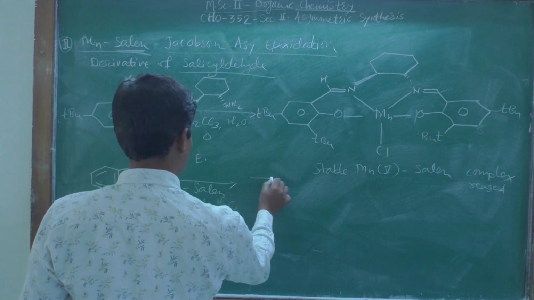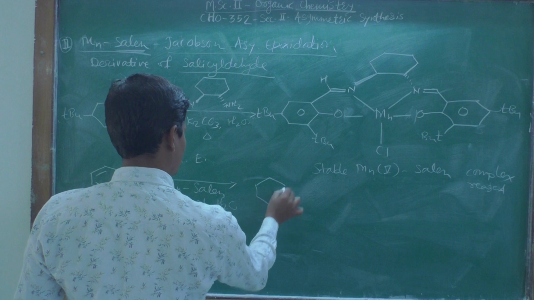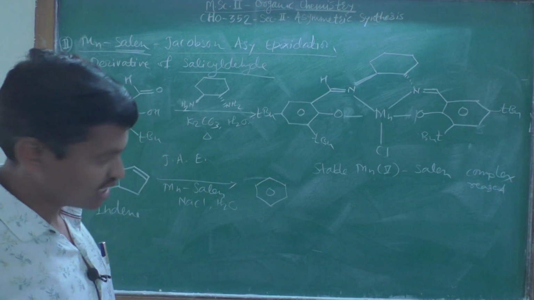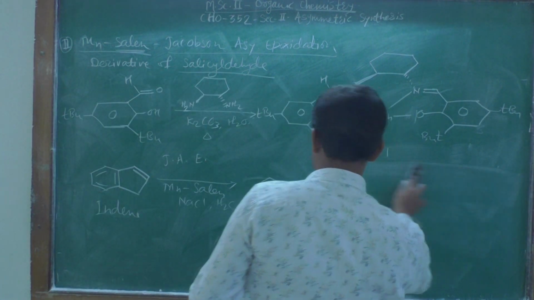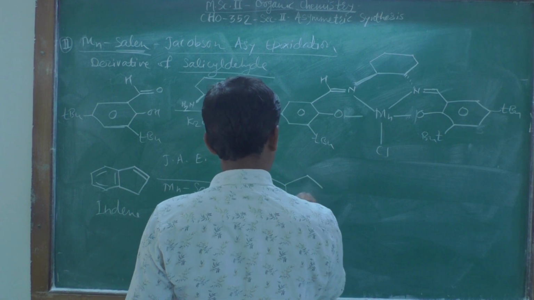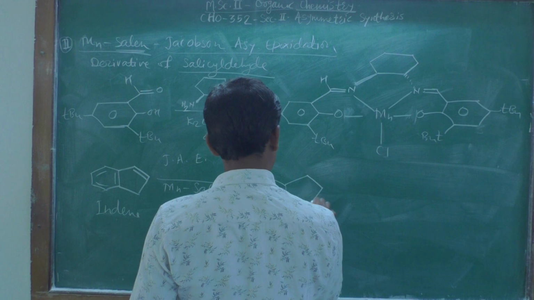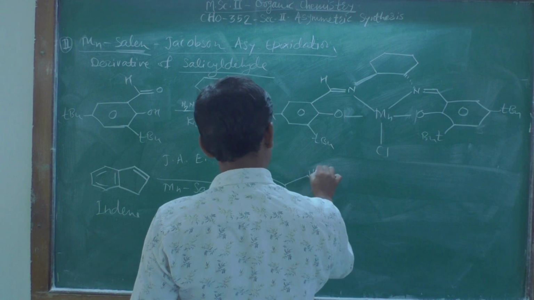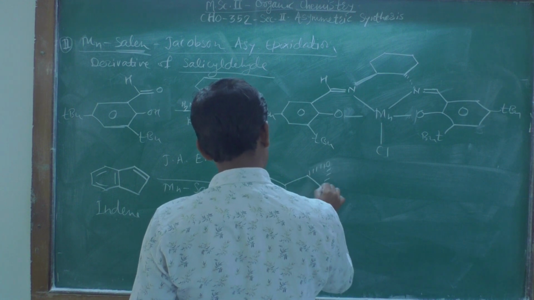So the product we are getting is an enantiomeric excess of the alpha epoxide.